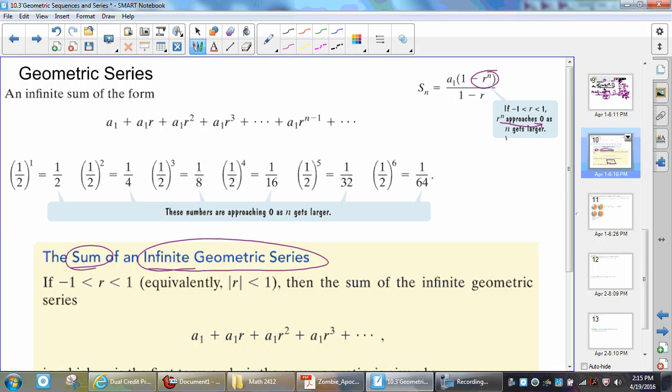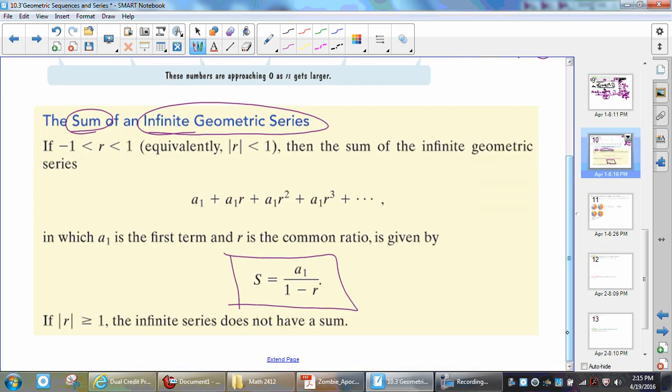As n approaches infinity, r to the power n will approach 0. And so what do you get here? 1 minus 0. You get 1. And what is a sub 1 times 1? A sub 1. Just a sub 1. That's what you get here, just a sub 1. So that's the difference with the formula.